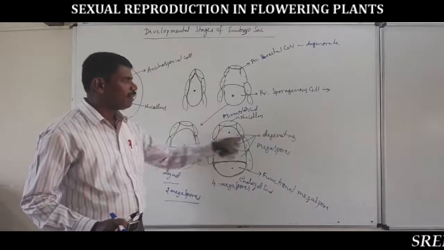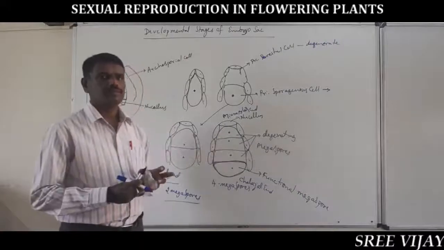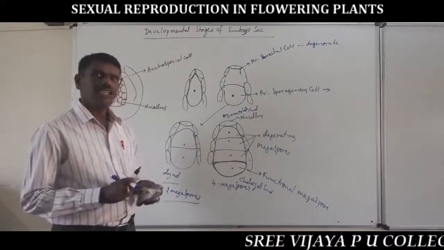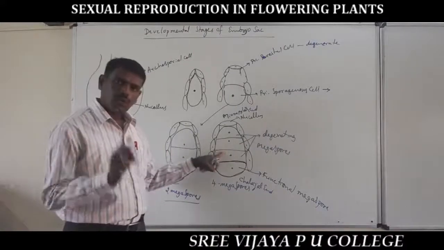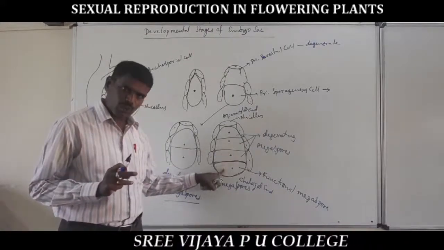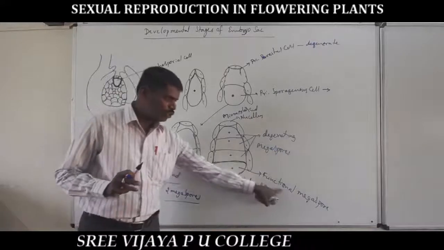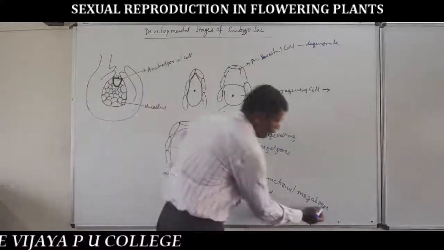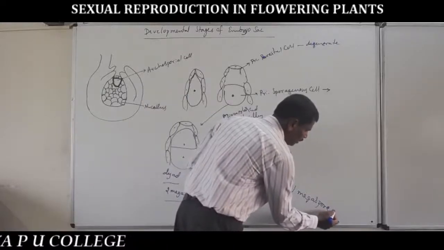These 3 are degenerate. Only one megaspore acts as the functional megaspore mother cell.